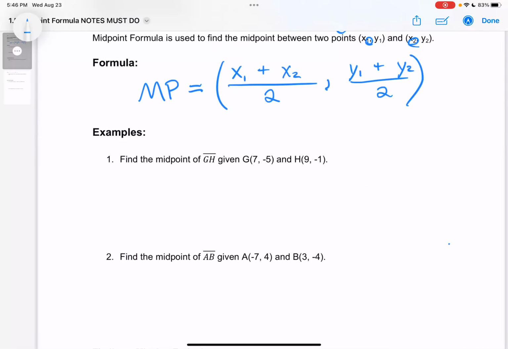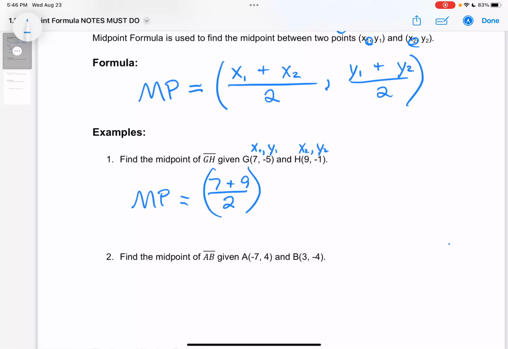So find the midpoint of GH, given that G is (7, -5), so I'm going to call this X1, Y1, and H is (9, -1), so X2, Y2. For the midpoint, I'm just going to say the two X values added together, 7 plus 9, divided by 2.